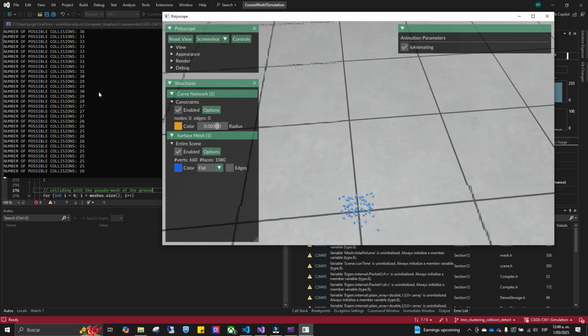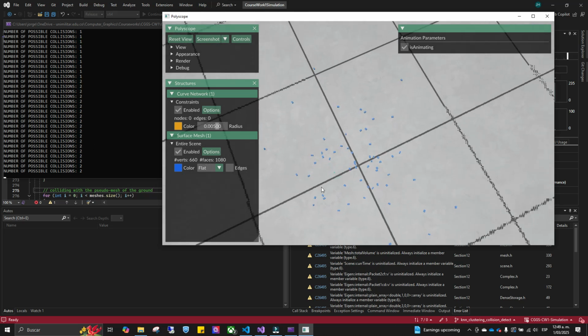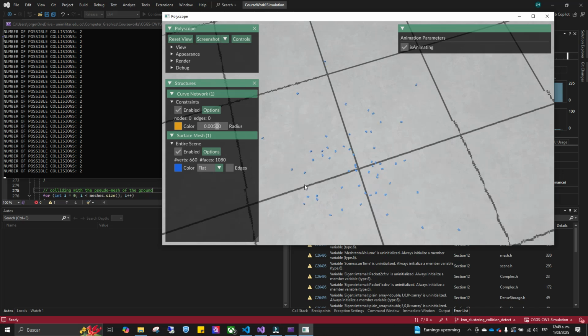Then the number of collisions expected grew for a while, and as the objects spread out on the ground, fewer and fewer objects are likely to collide. At a certain moment in time, I'm getting only one or two possible collisions instead of the 1,770 that we had before.